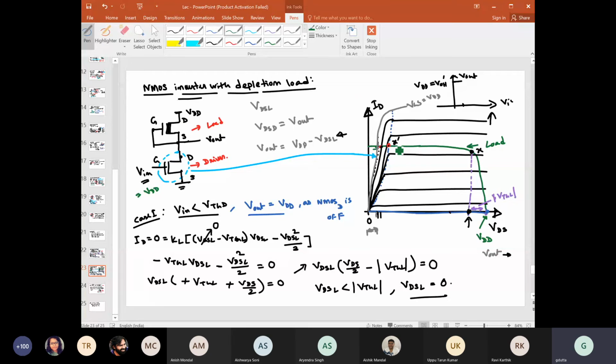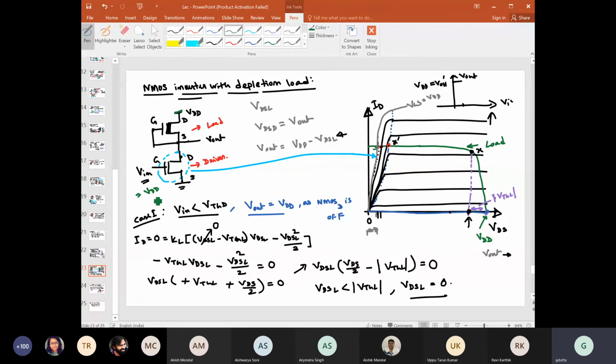So this transistor is not off, and at the same time this transistor is also on. So when V input equal to VDD has been applied, there is a direct path between the power rails. Power rails means the two supply voltages, VDD and ground. So there will be static power dissipation continuously.